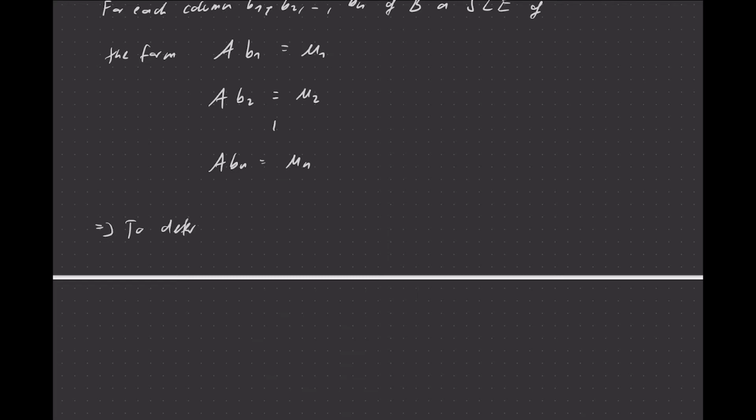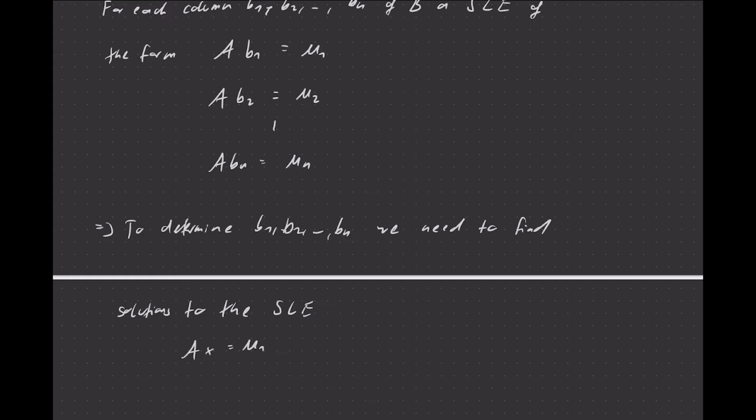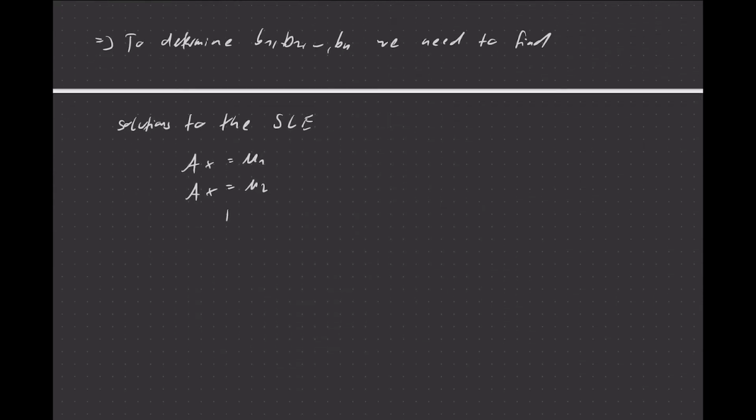So to determine B1, B2, and so on, we need to find solutions to the systems of linear equations AX equals U1, AX equals U2, and so on, up to AX equals Un.